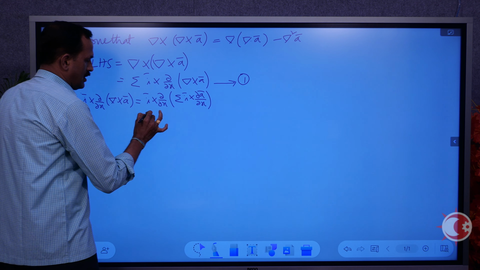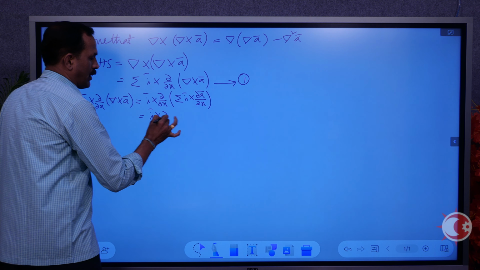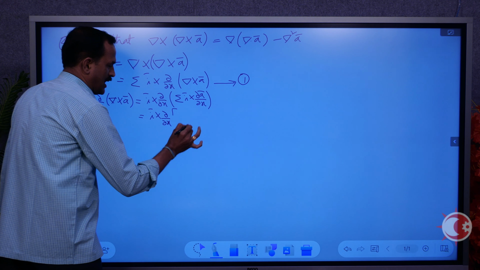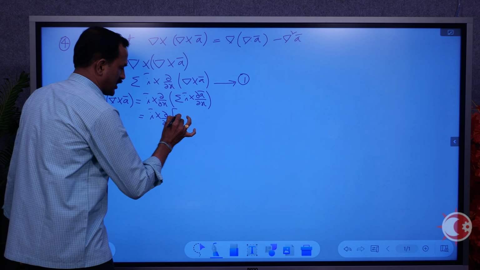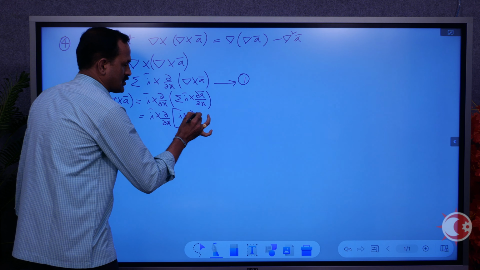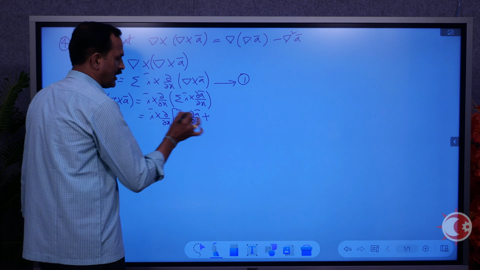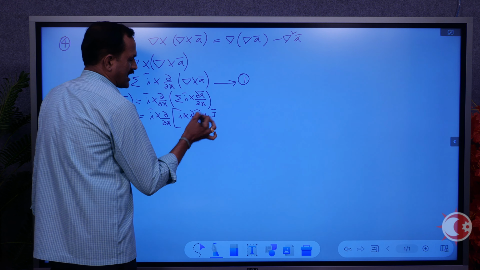Now that is equal to I bar cross dou by dou x as it is, and expand that sigma. So I bar cross dou A bar by dou x plus, you know that sigma expansion, replace I bar by J bar and x by y.